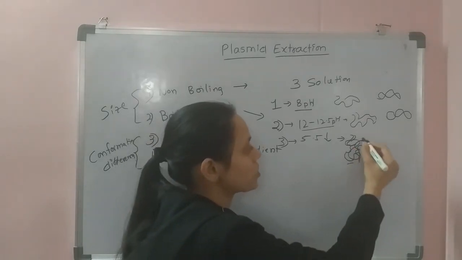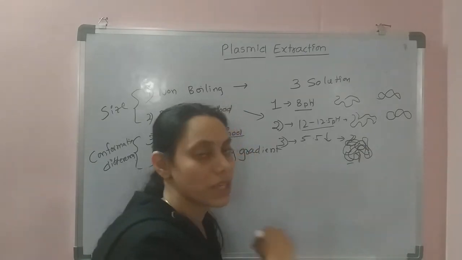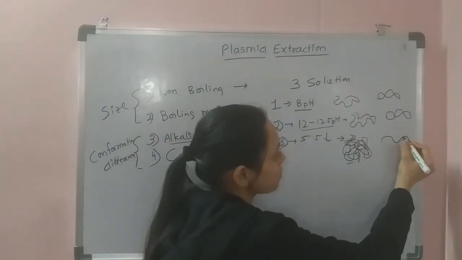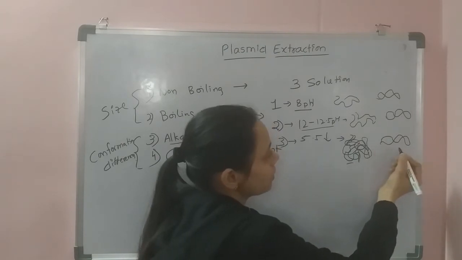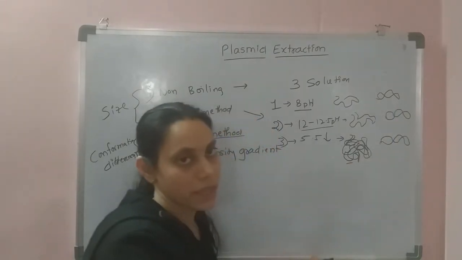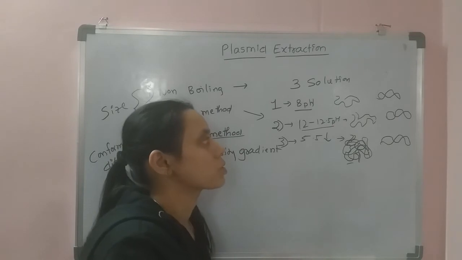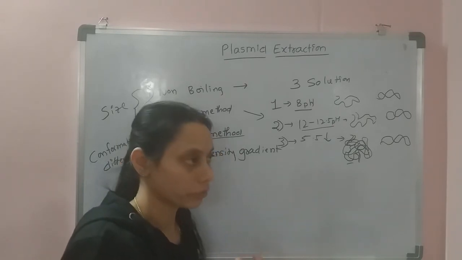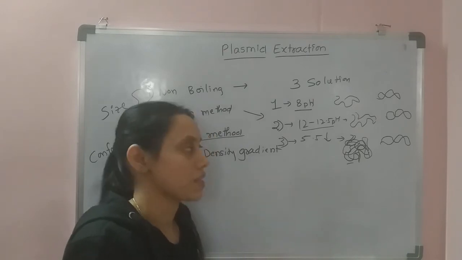This clump formation will precipitate the DNA, and the plasmids will be the same in all the treatments. That is how the genomic DNA will be separated from the plasmid DNA.